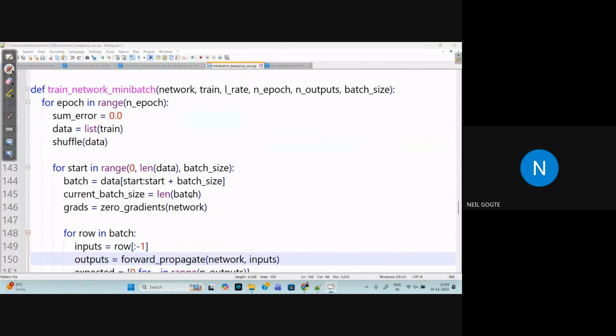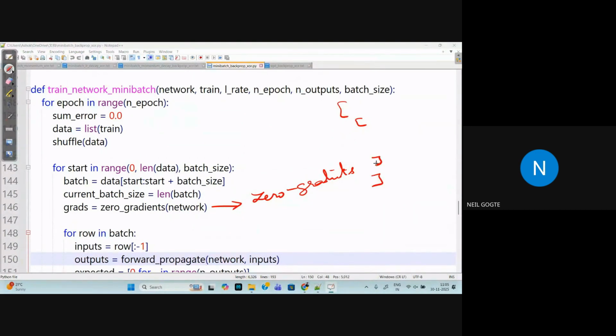The current batch size is the length of the batch, or it could be directly the batch size here. Then before the batch starts, you zero out all the gradients associated with all the weights. Remember, the gradient data structure is first layer-wise, for a network consisting of multiple layers.